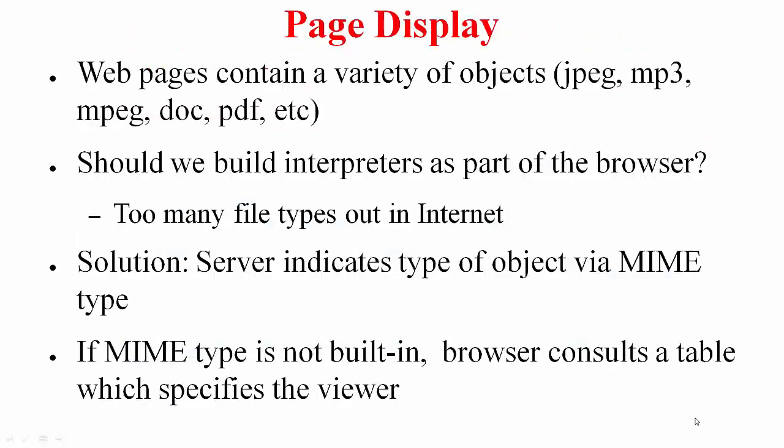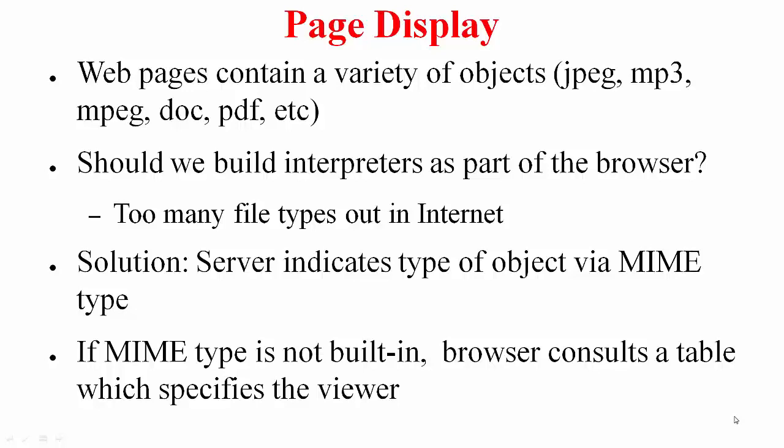As mentioned earlier, a web page once you download it is going to contain a variety of objects: JPEG, MP3, MPEG, doc, PDF, and so on. Now, how should one display this web object containing so many different formats? Should one include all these interpreters as part of the browsers? This turns out to be rather difficult because there are really too many file types out there on the internet.